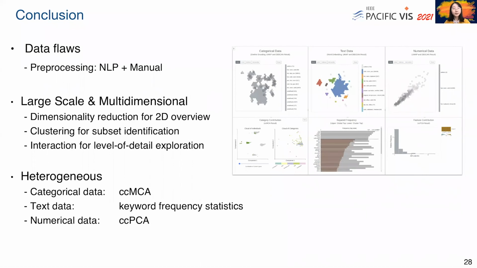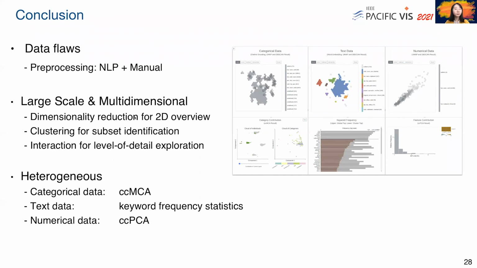To wrap up my presentation today, we developed a visual analytics approach to deal with the three major challenges coming with the machine maintenance log dataset. We combined machine and human power with several pre-processing steps to solve the data flaw problem. And for the large scale and multidimensionality problem of the dataset, we make use of the latest dimensionality reduction and clustering algorithms.